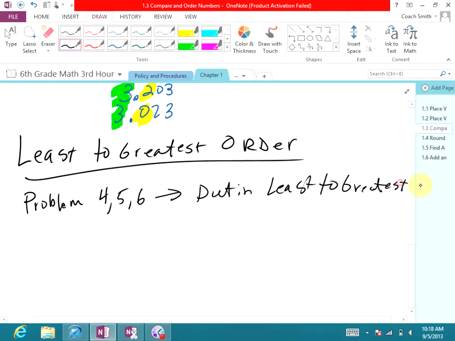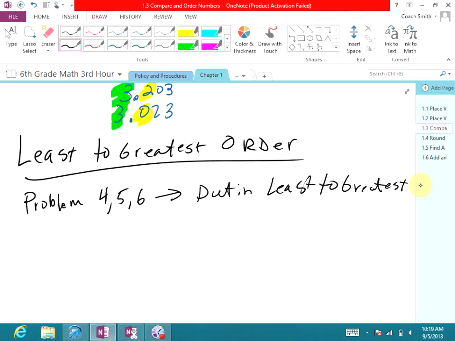I don't know if it was a misprint in the book or if they intended to do that. But for our purposes today, and this evening when you do the work, anytime it says least to greatest or greatest to least order, you're going to put them in least to greatest order. Okay?